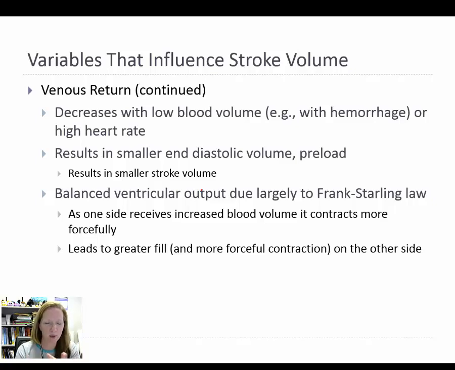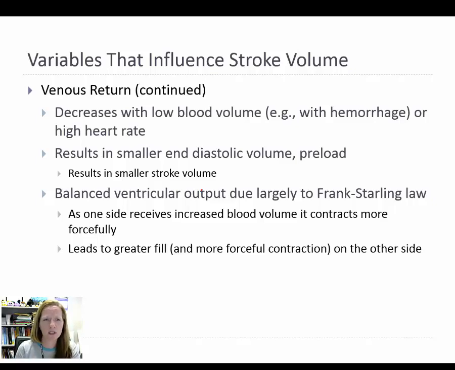Remember, we talked a little bit about that ventricular balance in the cardiac cycle. It's largely because of this Frank-Starling's law. You've got to make sure that as one side receives an increased volume of blood, it contracts more forcefully to get it out.